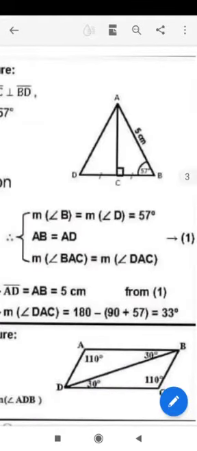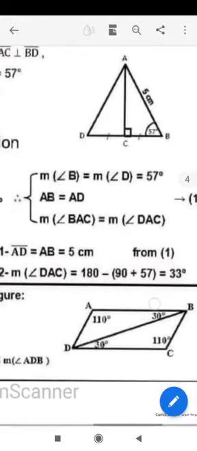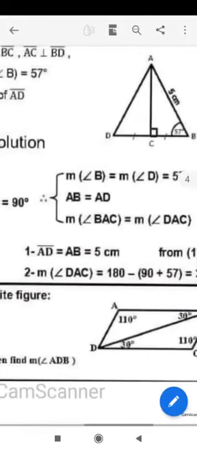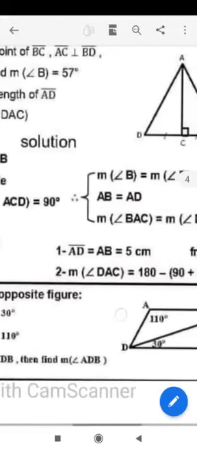From the congruency, we can say measure of angle B equals measure of angle D. And measure of angle B equals 57, then measure of angle D equals 57 degrees. And AB equals AD, and AB equals 5 centimeters, then AD will be 5 centimeters. And the measure of angle BAC equals measure of angle DAC.